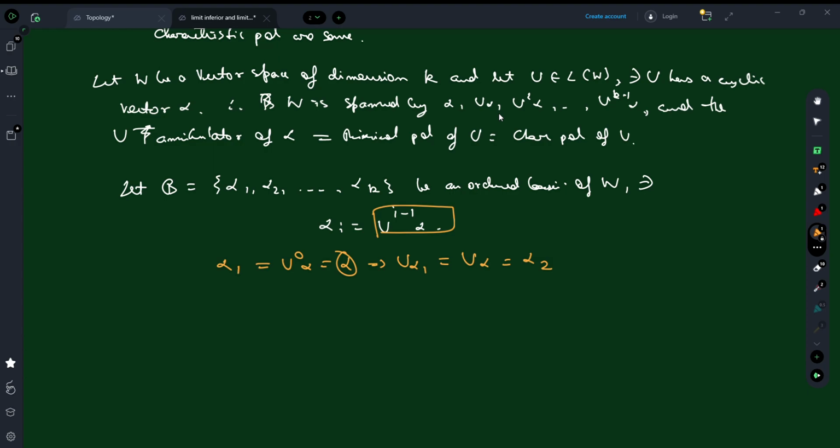So we have got that alpha 1 is alpha and U of alpha 1 is alpha 2. What is U of alpha 2? Alpha 2 is exactly equal to U of alpha, so U of alpha 2 is U square of alpha, but U square of alpha is alpha 3 from this definition, so it's alpha 3, right?